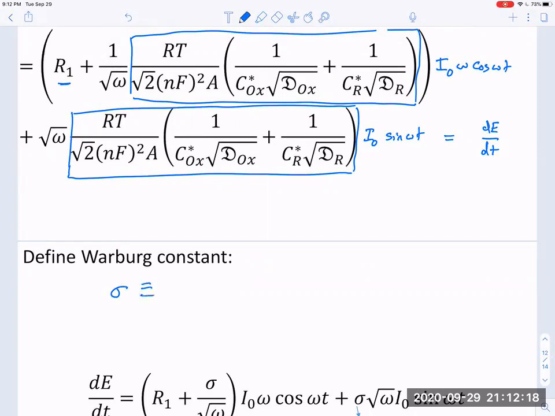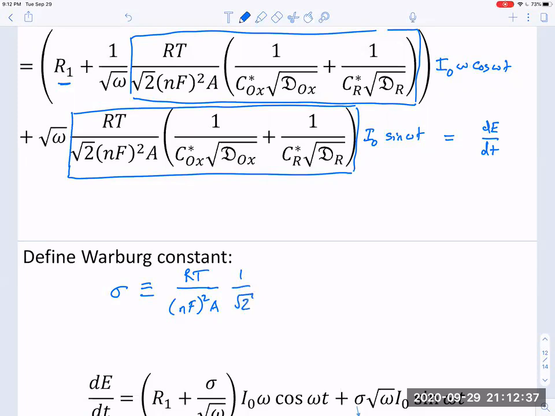So it's just a definition, the sigma term: RT, the ideal gas constant times temperature, over NF squared times the area. Sometimes you'll see it without the area, but it should be the area in the way we've written it.